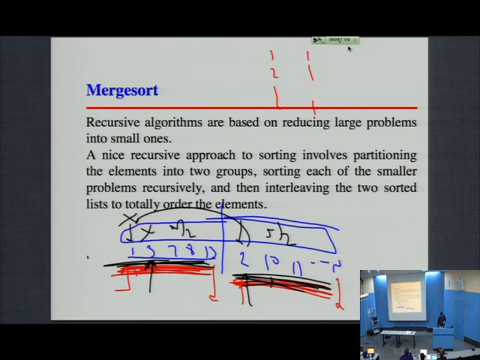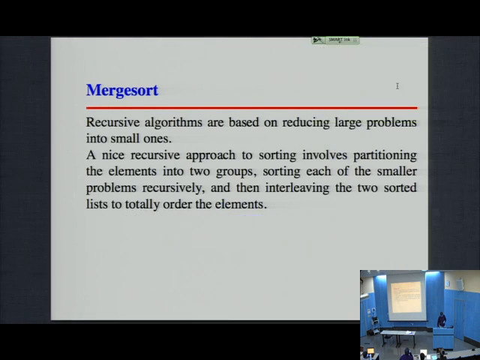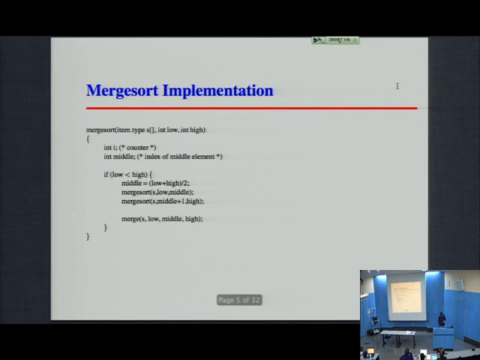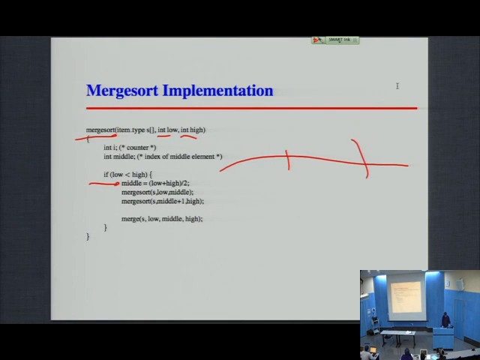I may say that again in a couple of slides, but we'll just go through it now. So here is the recursive implementation of Mergesort. It says to sort the elements in an array from low to high. What am I going to do? I'm going to compute the middlest element. If this is a big array and I'm asked to sort the elements from low to high, I find the mid-range between them.